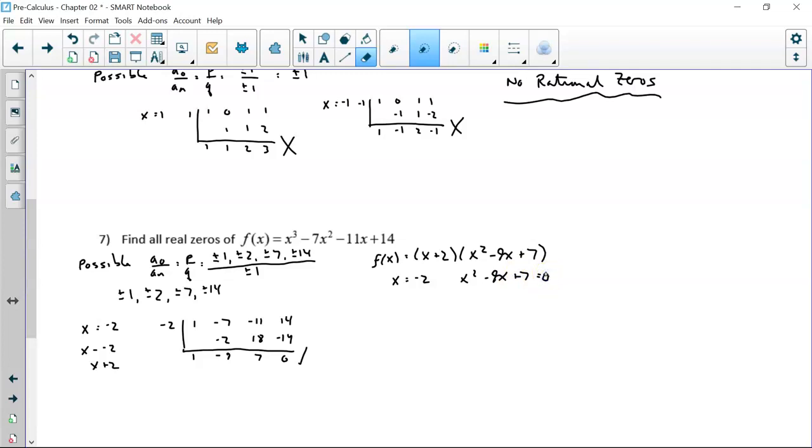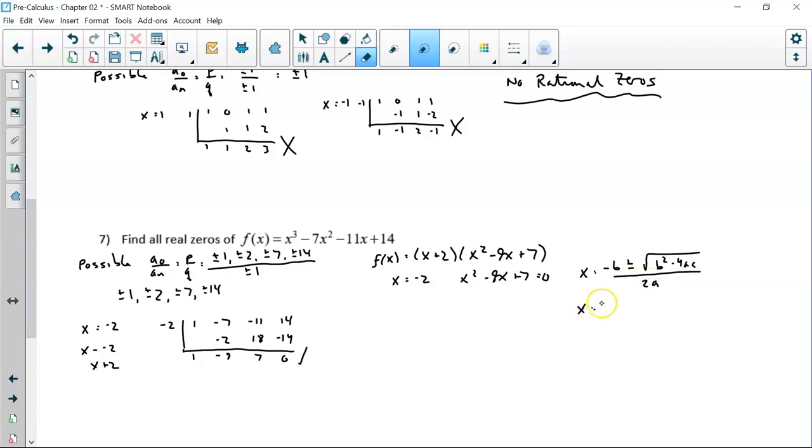Since we can't factor it, we'd have to use a different method, either the quadratic formula or completing the square. With this one, because of the 9, I'm not going to use completing the square. X equals the opposite of b plus or minus the square root, b squared minus 4ac, all divided by 2 times a.